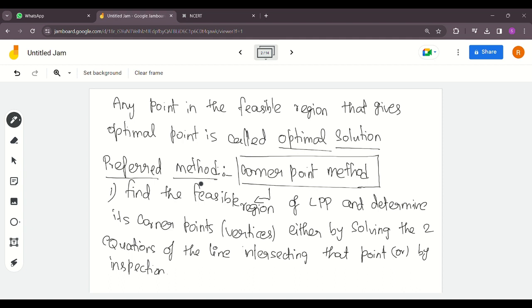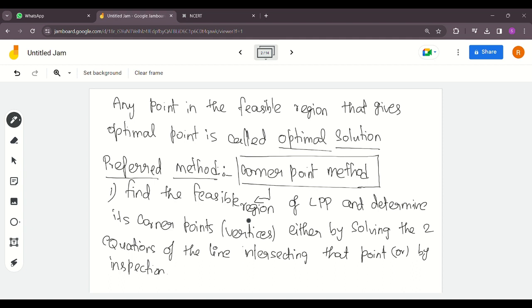The most preferred method of solving an LPP problem is the corner point method. I would have given the explanation of how the feasible solution is obtained, and how the maximum or minimum value, the optimal value, is obtained from the feasible solution.